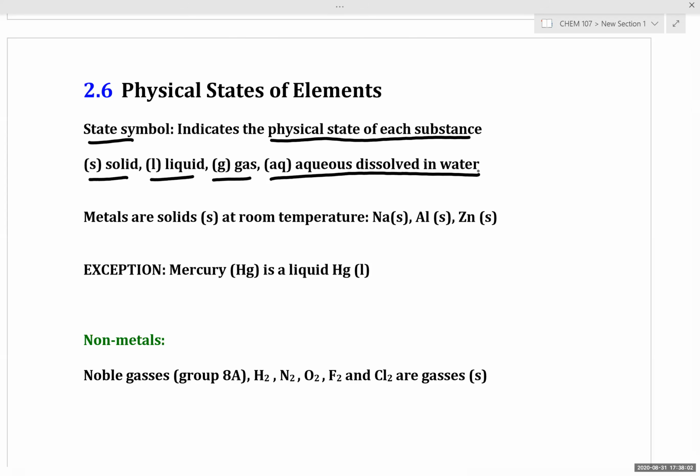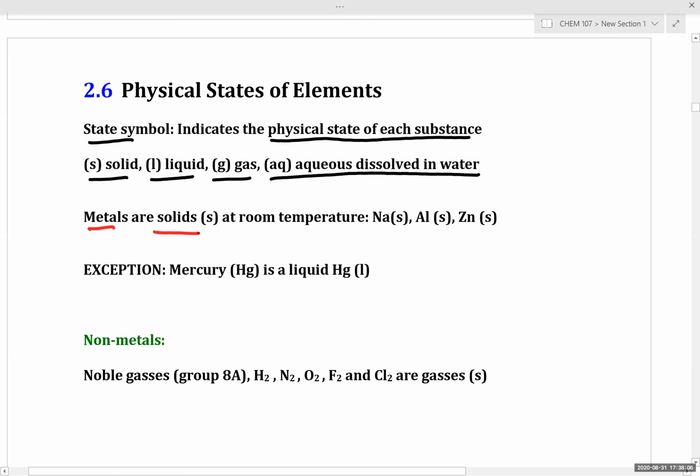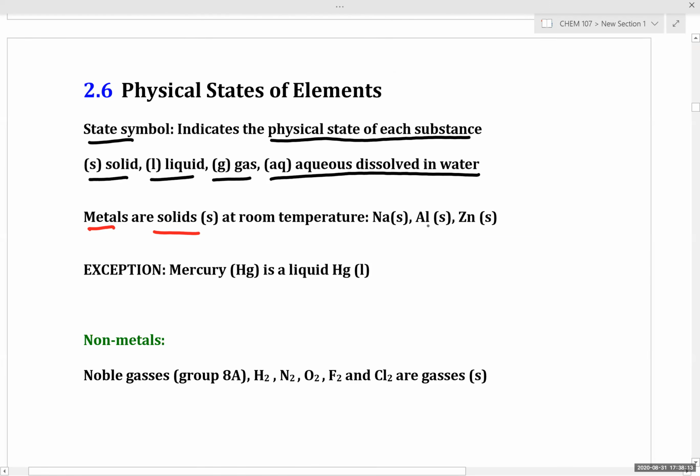Now, for our metals, metals are solids at room temperature. So for example, we write sodium as sodium solid, aluminum as aluminum solid, zinc as zinc solid, calcium, which is another metal, would be written as calcium solid.